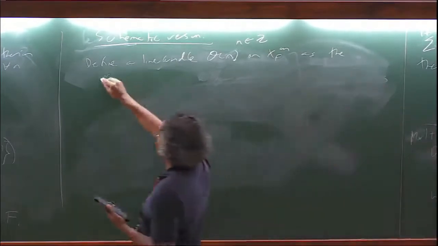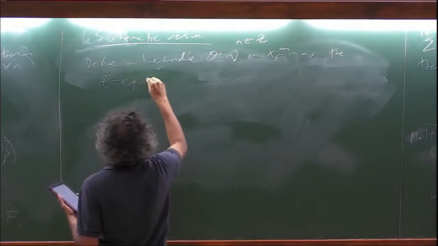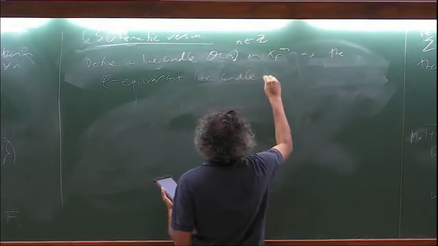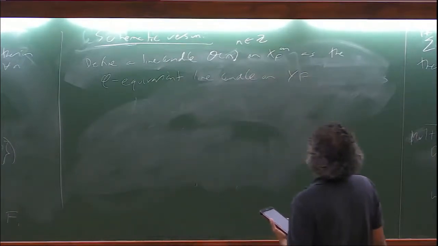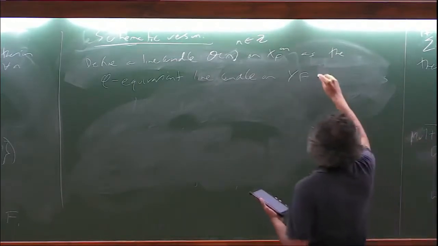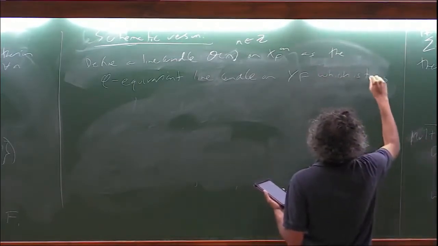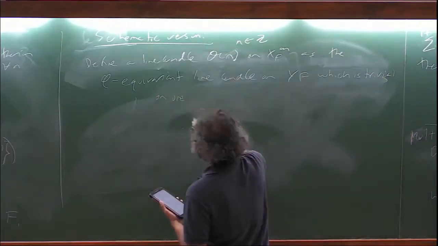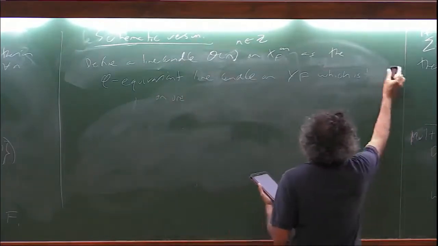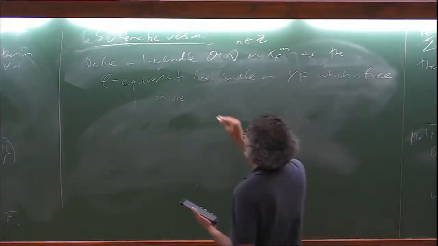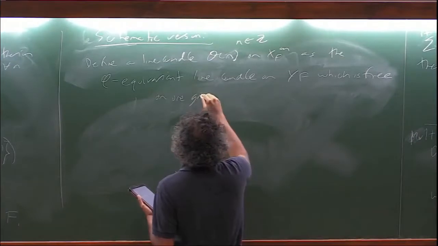So this is going to be the phi-equivariant line bundle on Y_F. Now here, I'm going to take a trivial line bundle, well, maybe to say it's trivial is a bit misleading because it's only trivial as an underlying line bundle. So it's free on one generator.